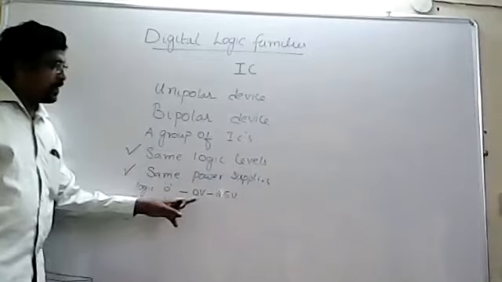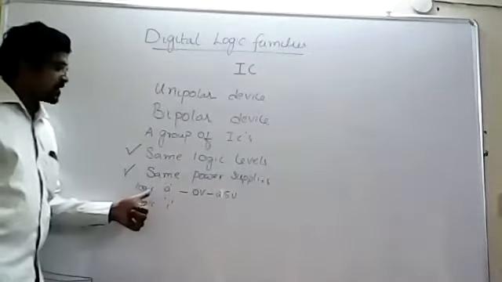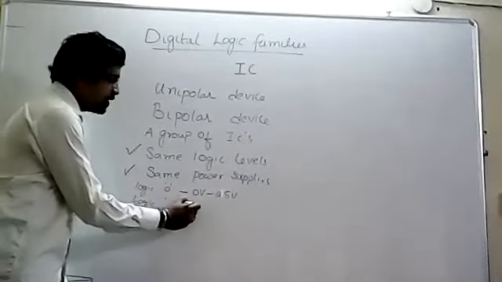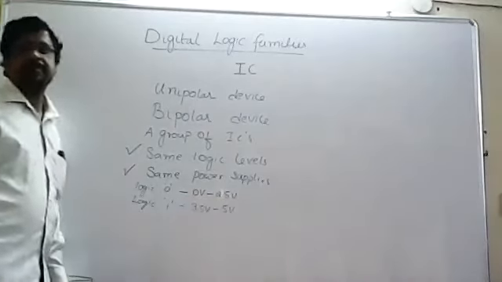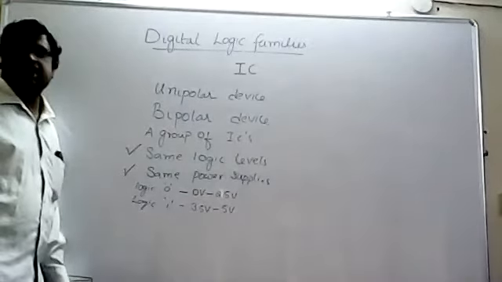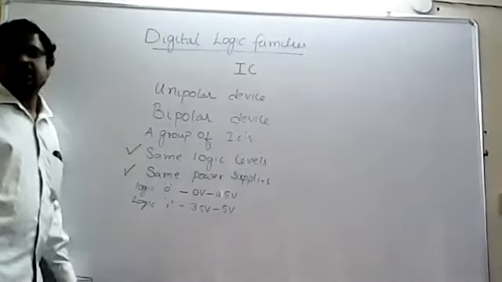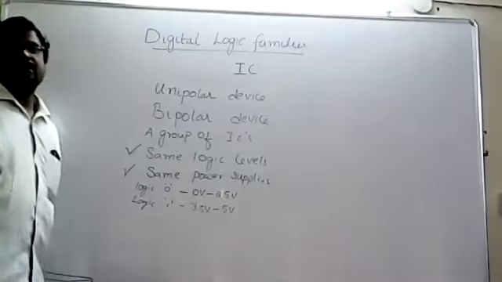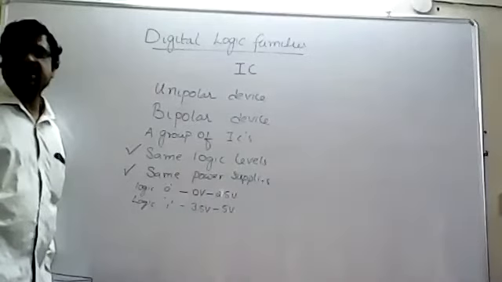So any analog voltage applied from 0 to 2.5 is considered as logic 0. Similarly, any voltage applied between 3.5 to 5 volts is considered as logic 1. This rating must be followed by all the vendors and manufacturing companies.